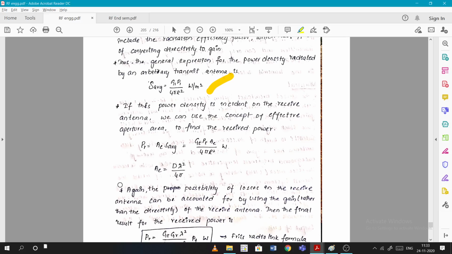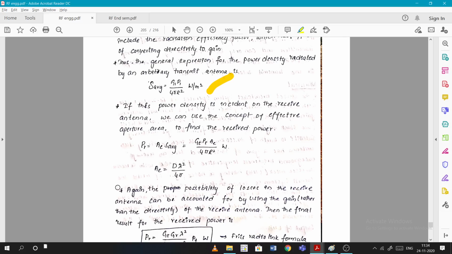We know the relation between received power and power density: PR equals effective area into S average, where S average is the power density and PR is the received power.